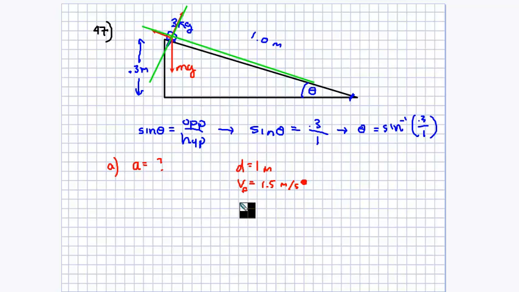So I think our equation number 4, v final squared equals v initial squared, which is 0, plus 2 times acceleration times distance traveled seems like a good place to begin, and then we can solve for the acceleration.